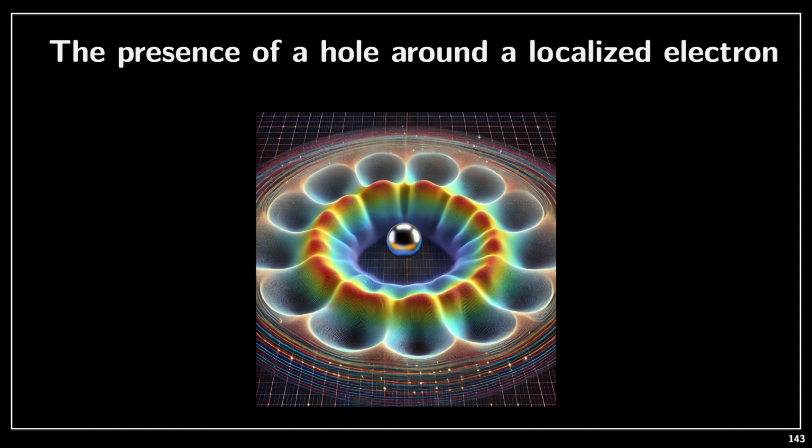Suppose you have an electron that's very localized. If that electron is very localized and is of course negative charge, the probability of finding another electron close by is going to be diminished, simply because the fact that the electron is there will reduce the probability of finding electrons around it. So that's actually shown here by a hole around the electron.